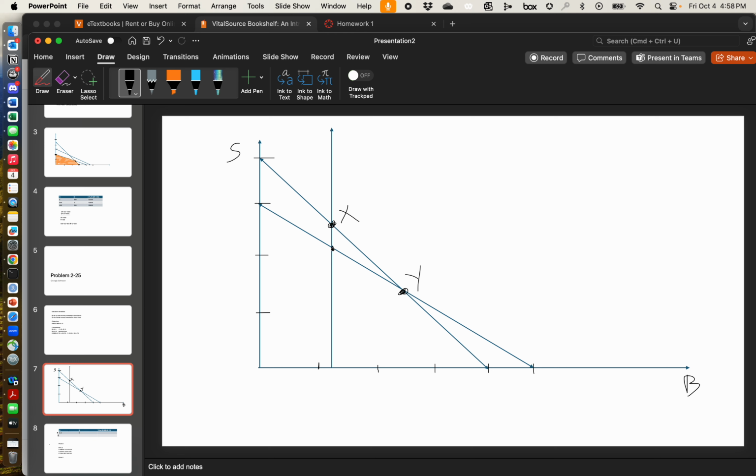So that's point X right here. Right? Because B plus S is equal to 1, it has to be on that line, not the other line. And there you go, that's what makes sense. All right.